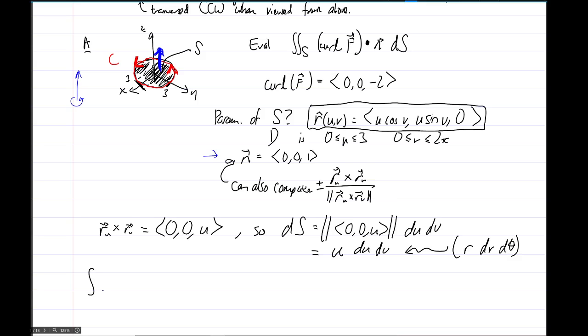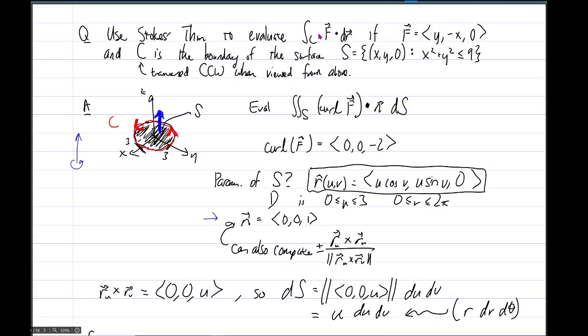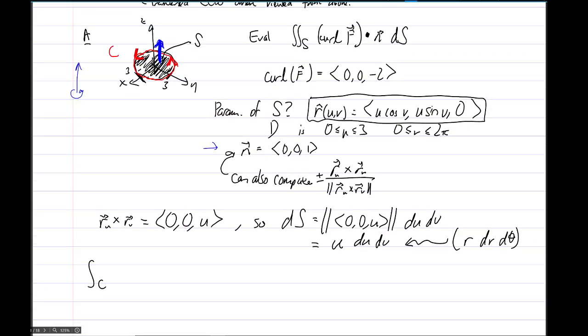Okay, so instead of computing the line integral directly, the line integral of the vector field is instead, due to Stokes' theorem, going to be computed as the integral over the surface of the curl of the vector field dotted with the orientation vector function for the surface dS, and we've now computed many pieces of this, so let's just draw those integral signs, give a little bit of room for this.